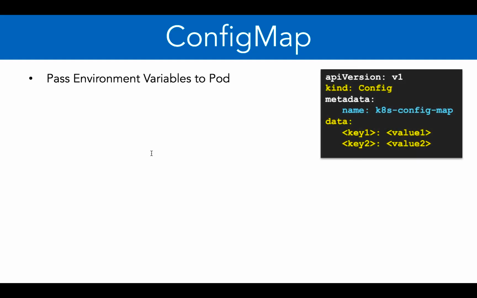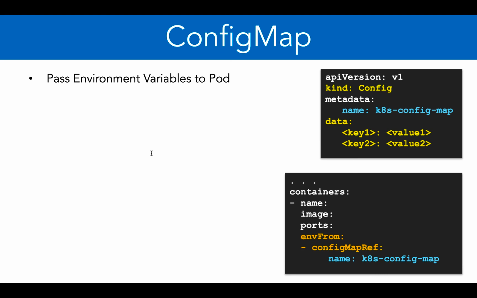And that's where config map comes into the picture. So what we do in config map is that it is an object wherein we just mention the environment variable keys and its values, and we create this config map object, and after creating this object we inject it into the pod using this.